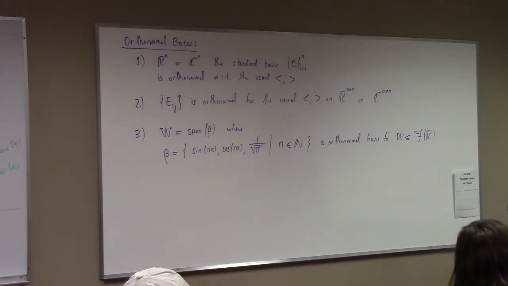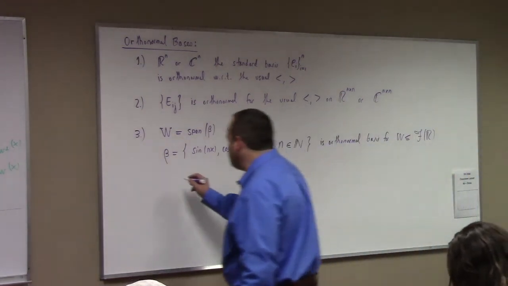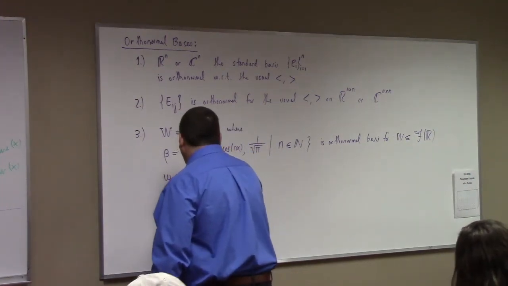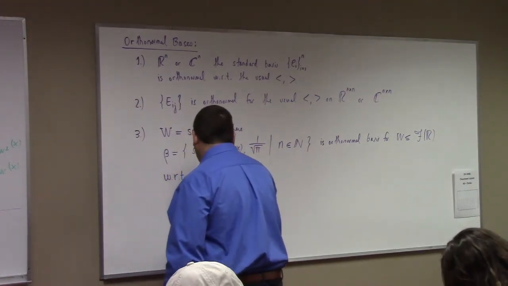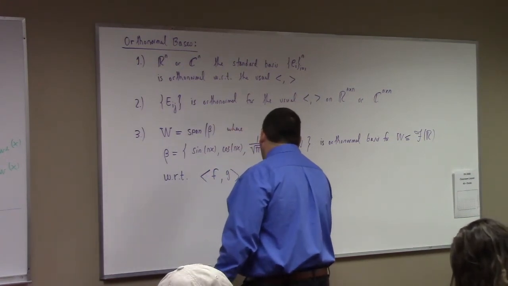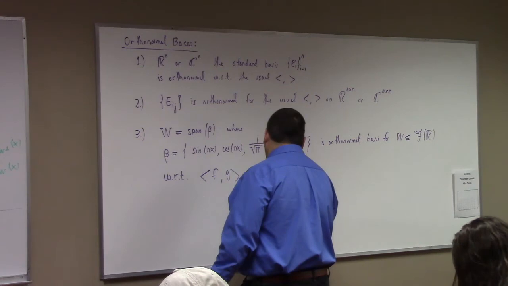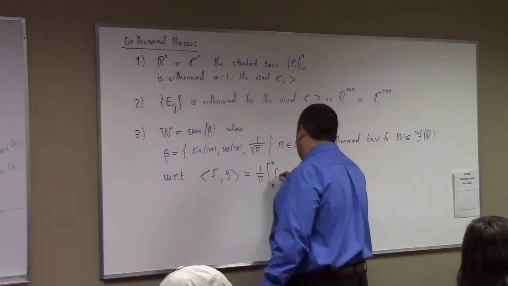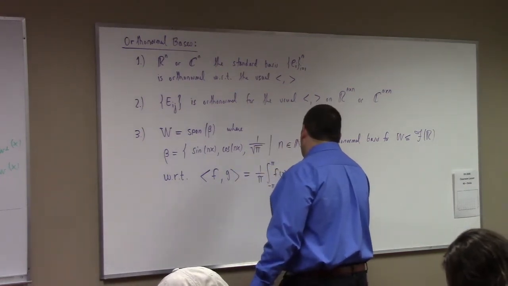So real valued functions of a real variable. With respect to the following inner product: the inner product of f and g is 1 over pi, the integral from minus pi to pi of f of x, g of x dx.